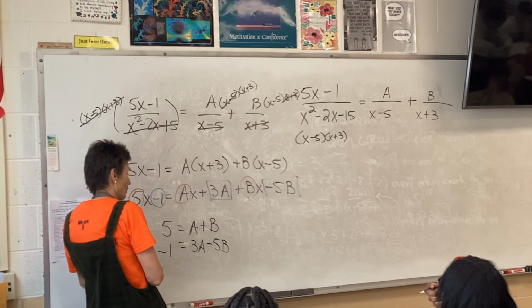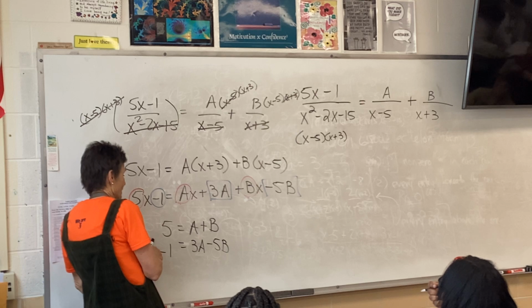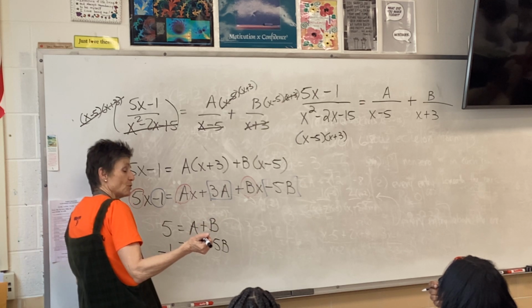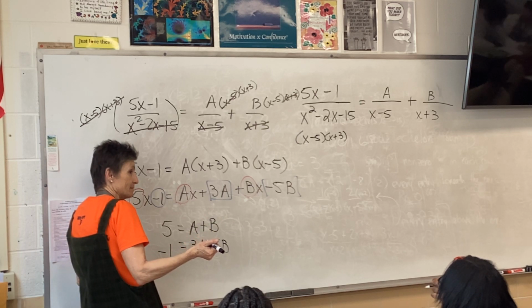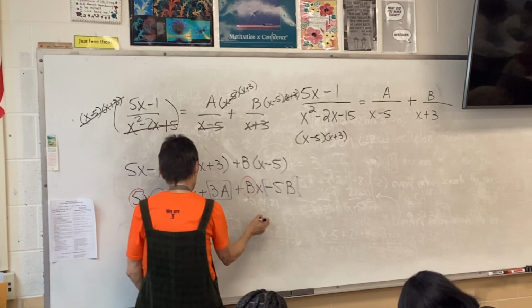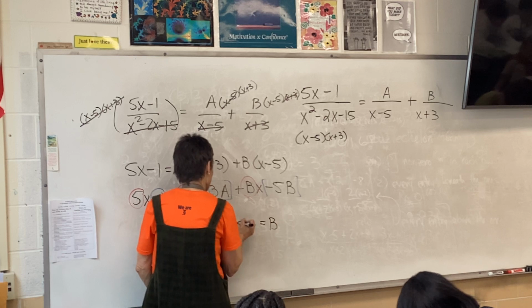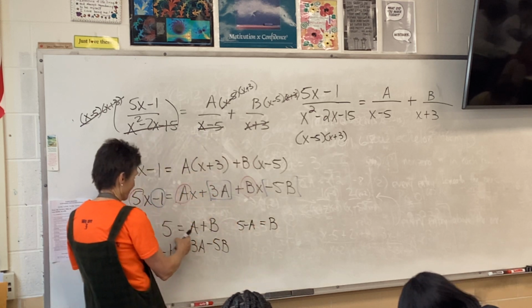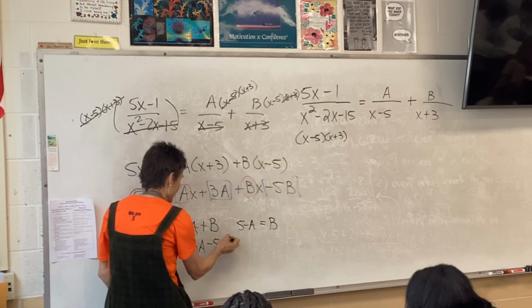So here we go. If we're gonna substitute, at your seat you can do your own thing, right? Do your own thing. I'm gonna substitute. So I guess I'll say B equals 5 minus A. And I'll put that in right here.